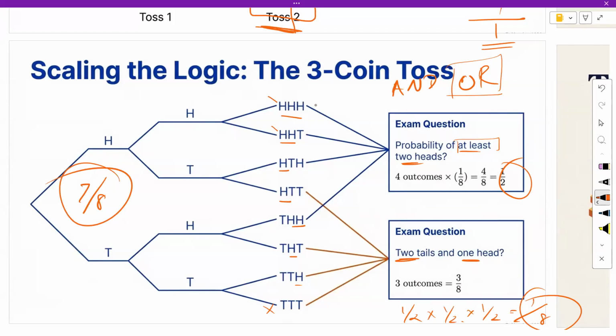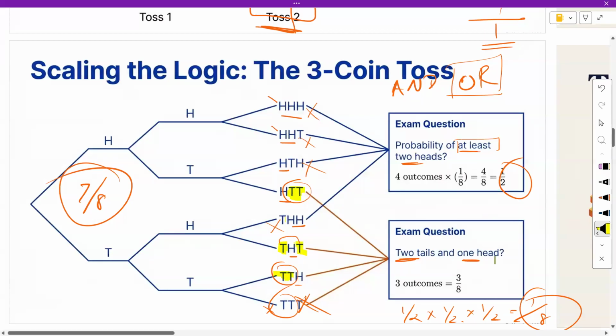For 2 tails, we lose here, and we lose here, and we win here. Here also 2 tails, win. Or here, no, at least 2 tails, so we can't count this. Here we win.